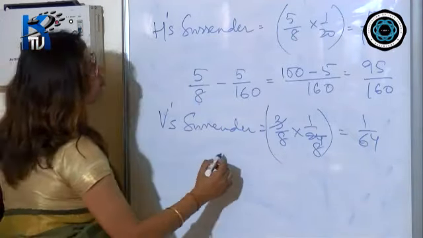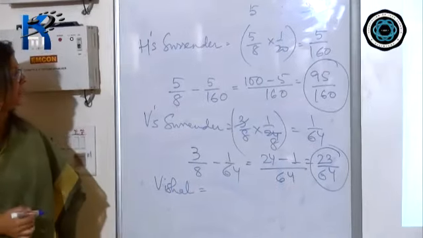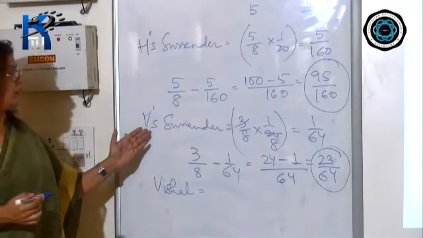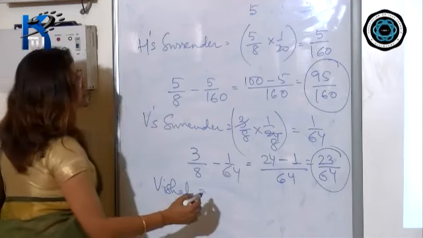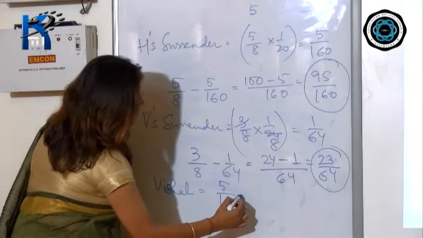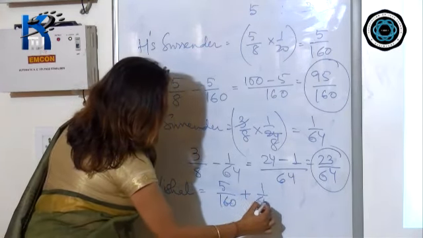Now how much does the new partner get? Vishal, he's the new partner. So how much does he get? He gets 5/160 from Homi and 1/64 from Vikram. So let us see what the total comes out to be. 5/160 plus 1/64.